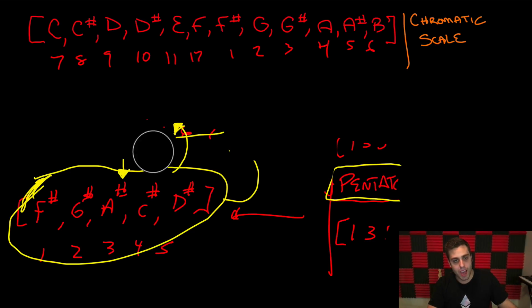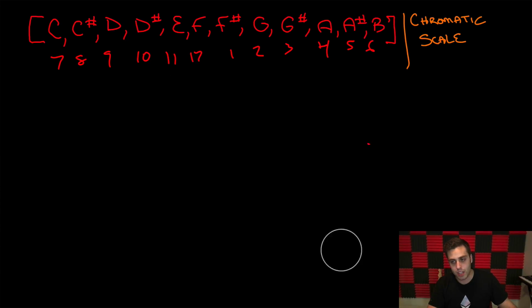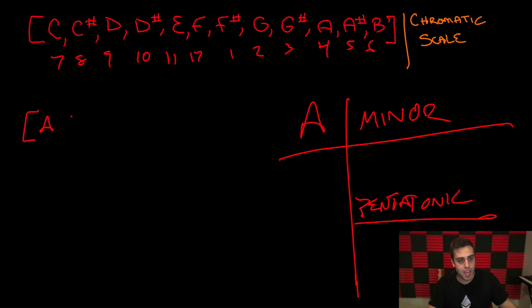And the way that we have these major pentatonic scales, we're also going to have minor pentatonic scales. So we'll go back to our friend A minor, because A minor is super simple because it's all the non-sharp notes. And this has a pentatonic also. So we said that A minor we knew was A, B, C, D, E, F, G. And these are 1, 2, 3, 4, 5, 6, 7.